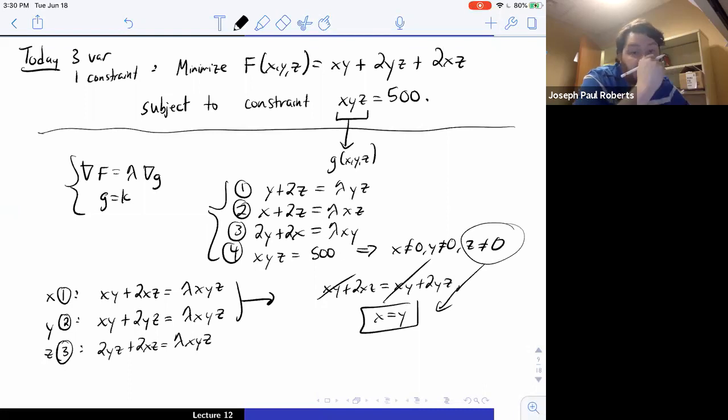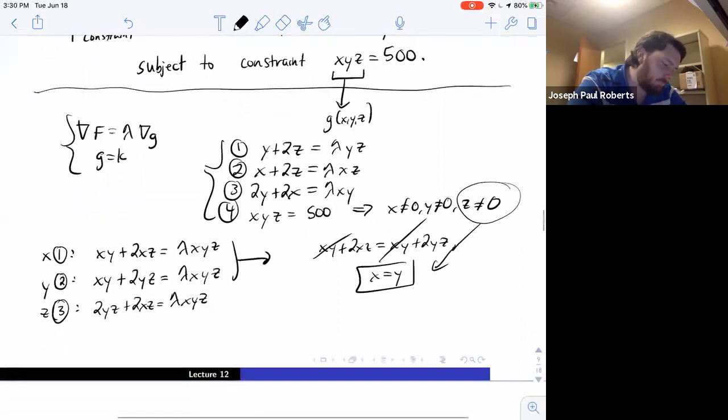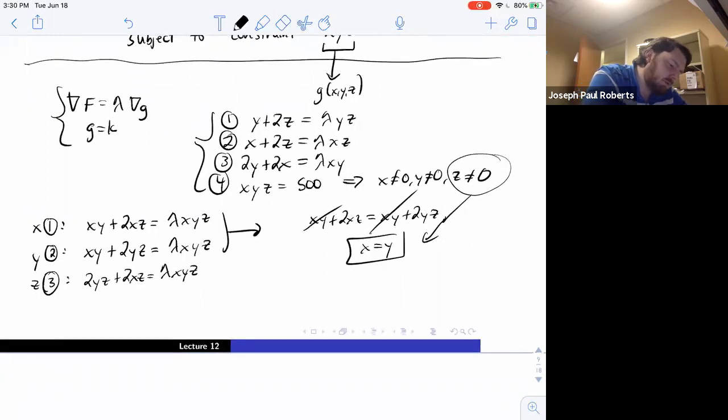I'll show you an example in a few minutes where you want to be careful dividing by a variable, but we've already decided for this problem that z can't be 0, so x has to be y. Okay, and then if I do equations 2 and 3, I get that xy plus 2yz equals 2yz plus 2xz.